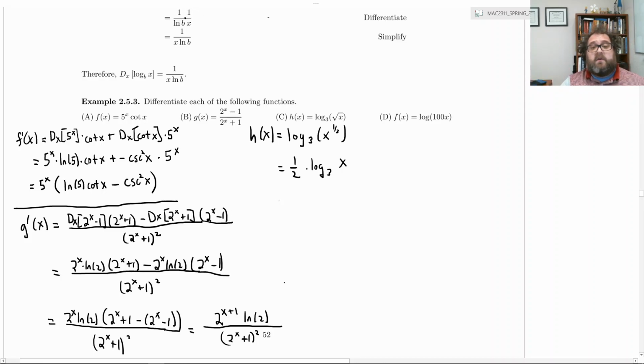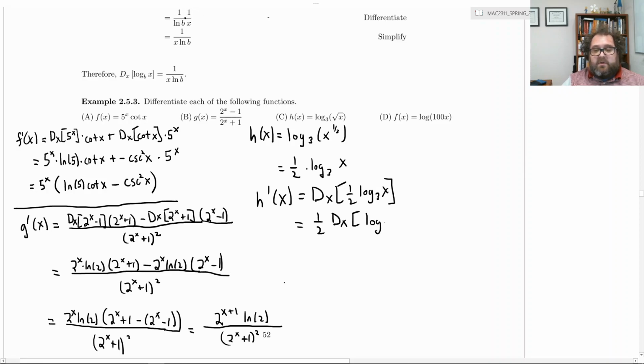That's just algebra. Now let's take the derivative, because now we have a constant multiple times a non-base e logarithm, which we can work with, because we have the constant multiple rule, and we know how to differentiate a non-base e logarithm. Now it's no longer composite, in other words. So h prime equals 1/2 log base 3 of x, but the constant multiple rule says you can bring that 1/2 out of the derivative.